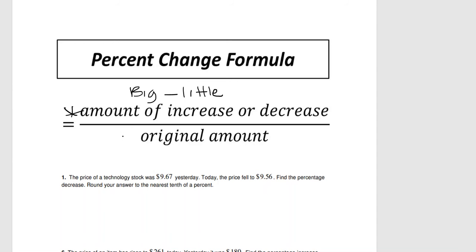And then on the bottom of your fraction, you are going to have the original amount. Remember, a fraction is just a division problem. To find the amount of increase or decrease, or the top number of the fraction, you just take the big number, you subtract the little number. And then you divide by the starting number.